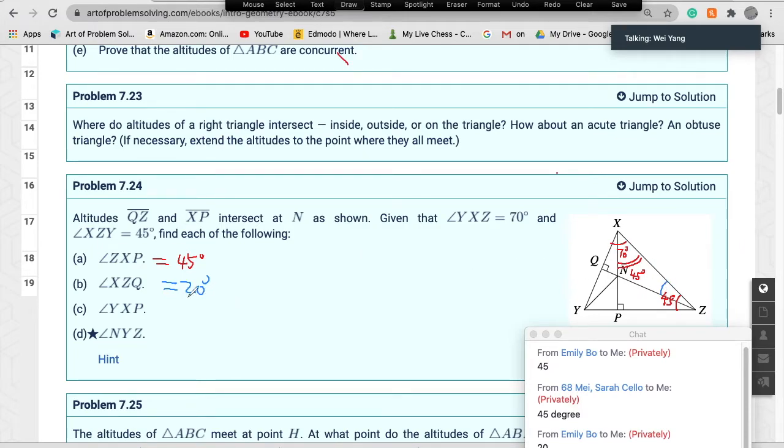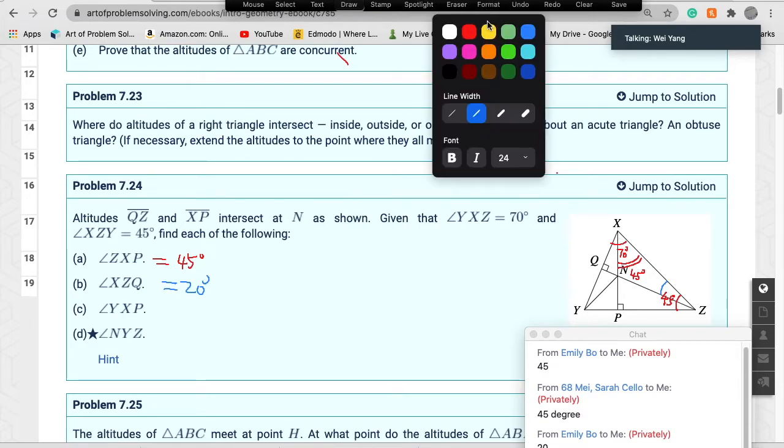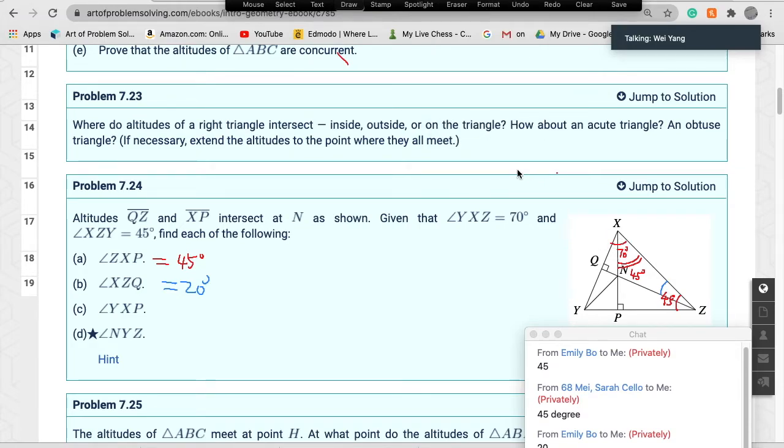Now let's see YXP. They ask you this angle. I can change the color. Everybody send me the answer for this one. This one is a little bit of one-step work.